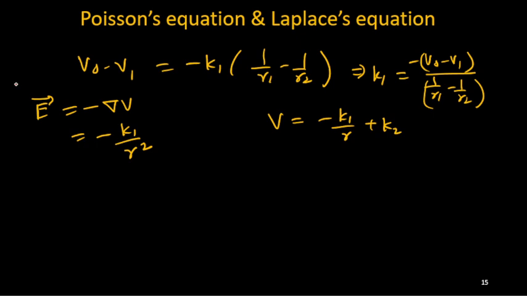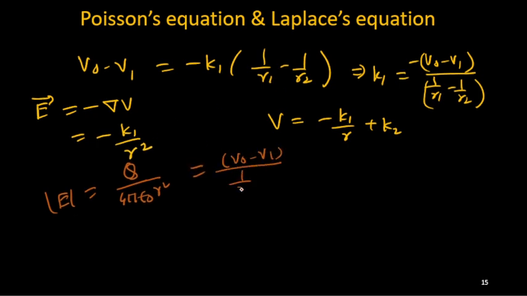So the magnitude of the electric field is q upon 4 pi epsilon naught r square, and this is the same as k1 over r square, where the minus sign cancels out, giving V0 minus V1 upon 1 by r1 minus 1 upon r2, over r square. So this r square cancels out.